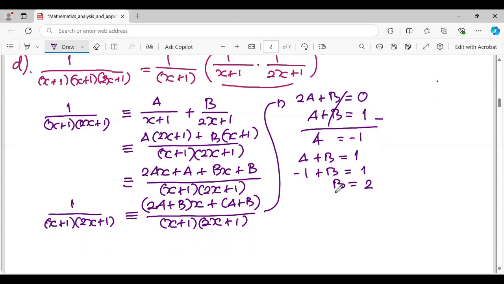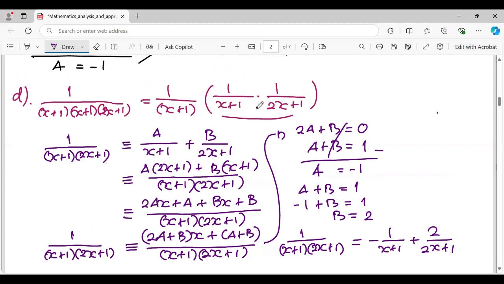So 1 over this term, 1 over x plus 1 times 2x plus 1, equals minus 1 over x plus 1 plus 2 over 2x plus 1. Right.